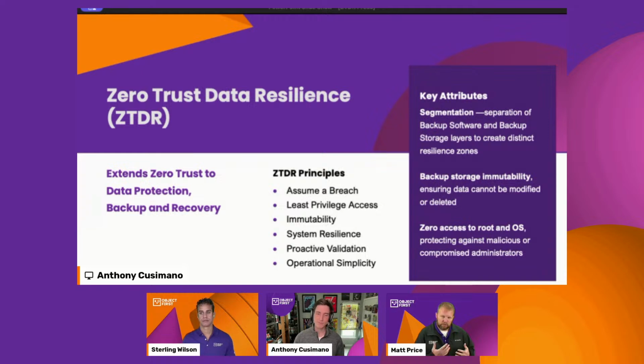And if your backup storage is immutable, but still has administrator privileges or root access or can still present a command line, there's a potential for that storage device to be compromised. And that's why you look at all this together. Zero trust data resilience is so fundamentally critical to your customers in ensuring that data is not compromised in any of the different ways we've chatted about.